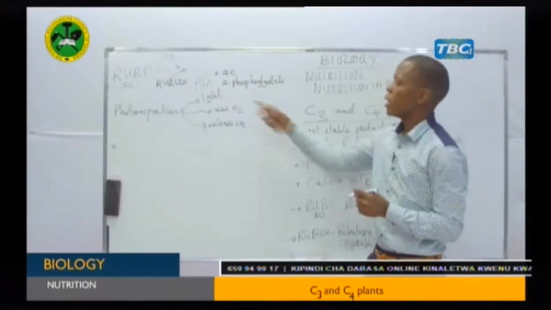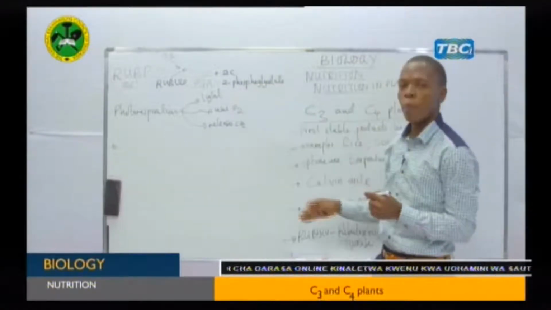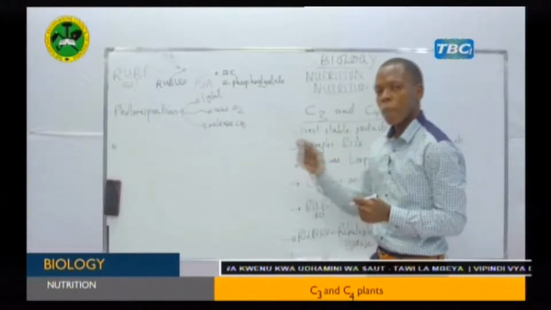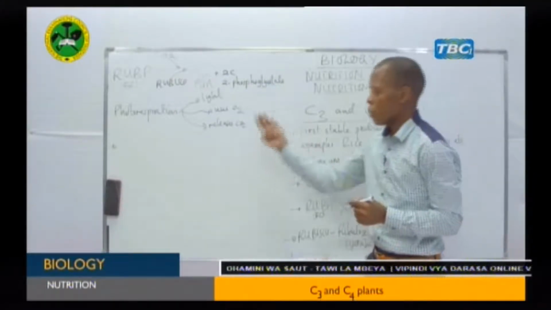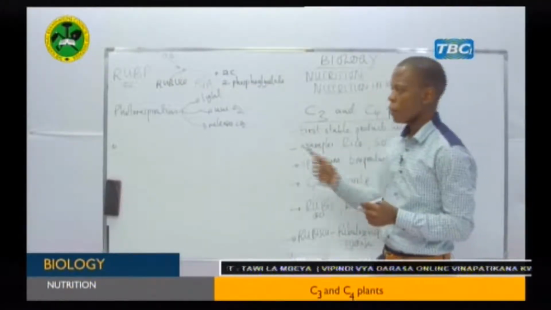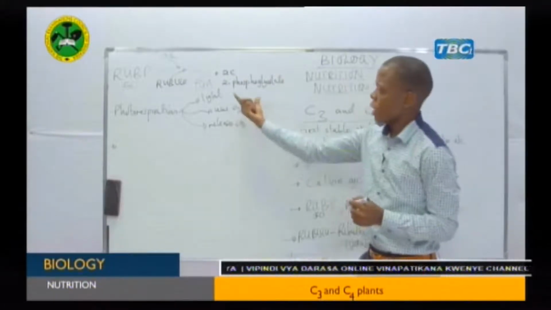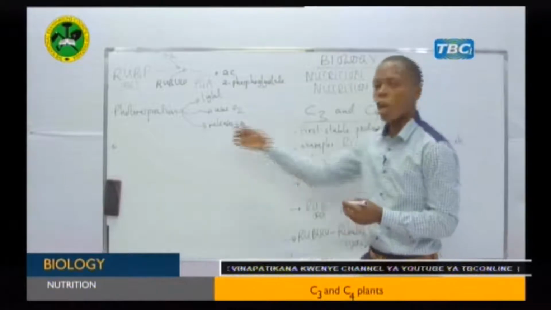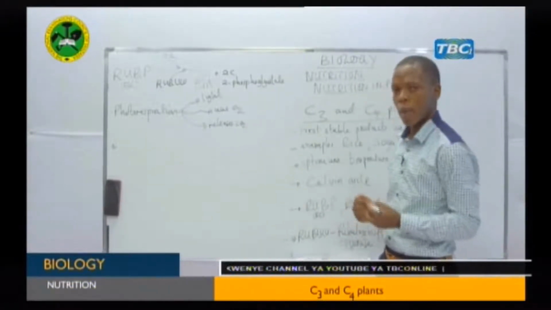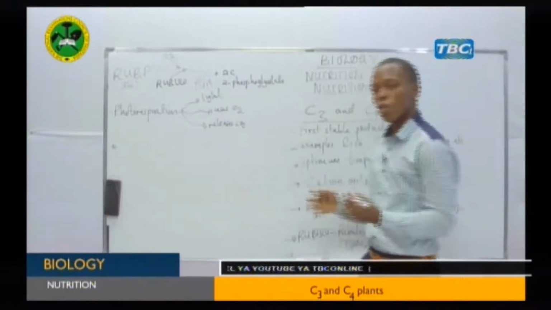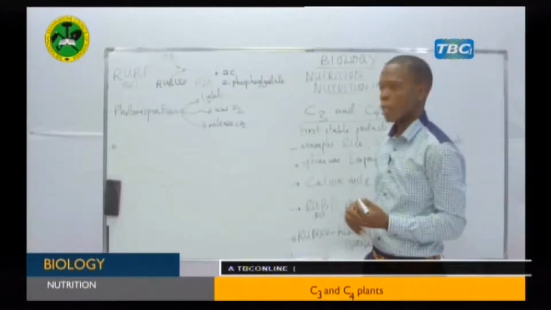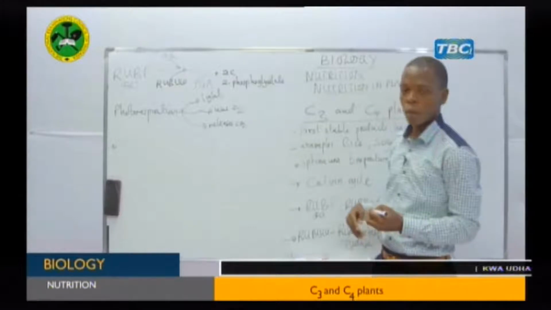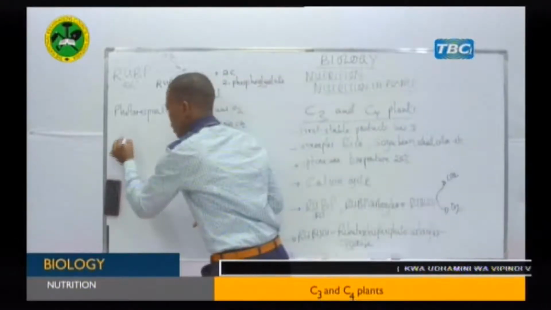Rather, it is converted into different compounds through 3 organelles: chloroplasts, peroxisomes, and mitochondria. We say this process is wasteful because it lowers the yield of photosynthesis in C3 plants, and it also uses some of the chemical energy produced from the light reaction, for example ATP.